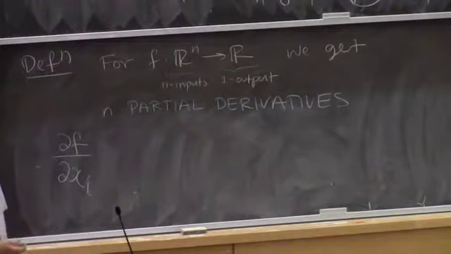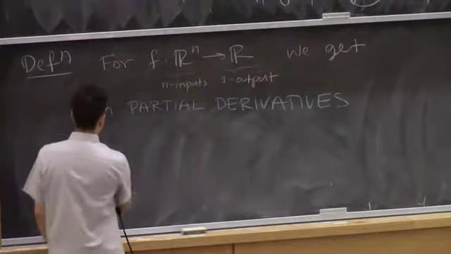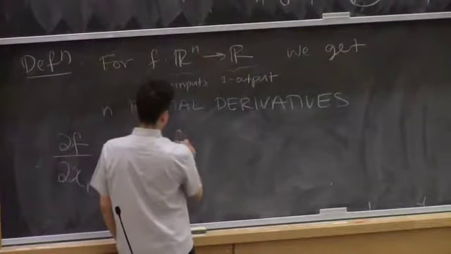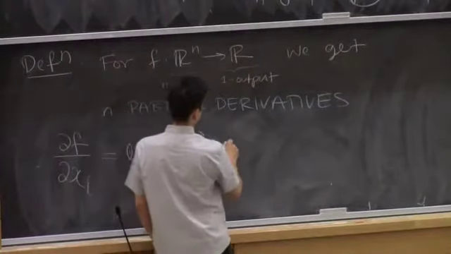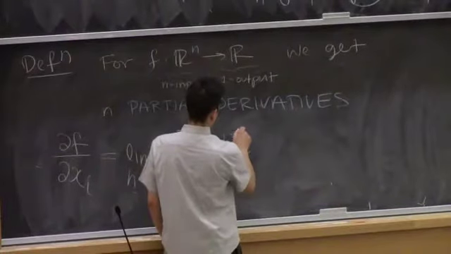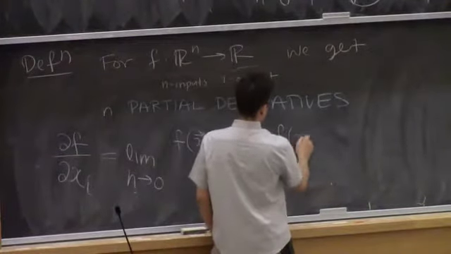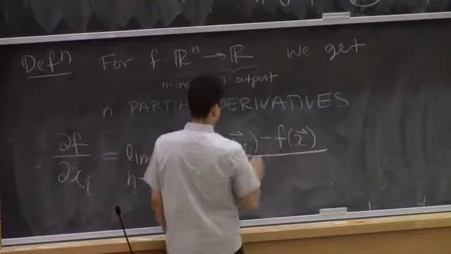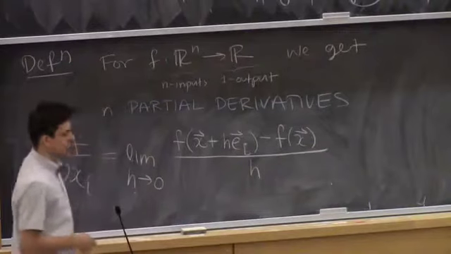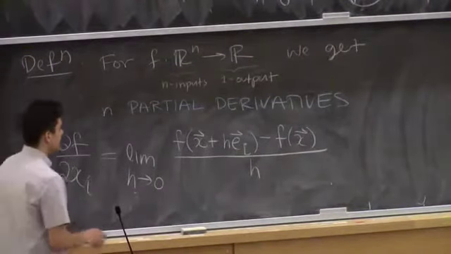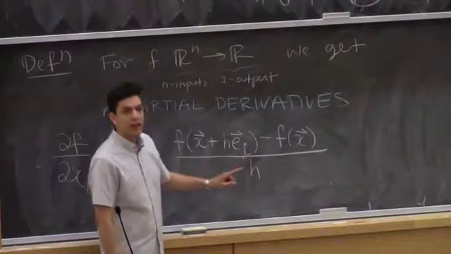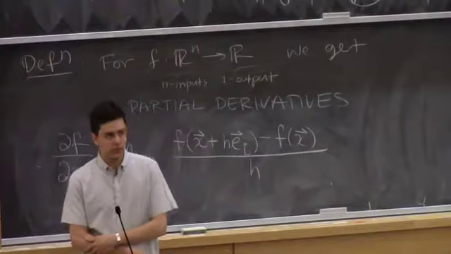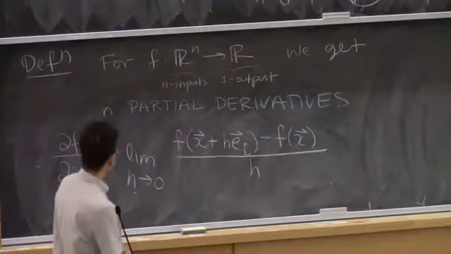For each variable we get a partial derivative. And just a reminder, these guys e_i are the basis vectors. e_i has a 1 in the ith position. Okay, so let's have a look at that.